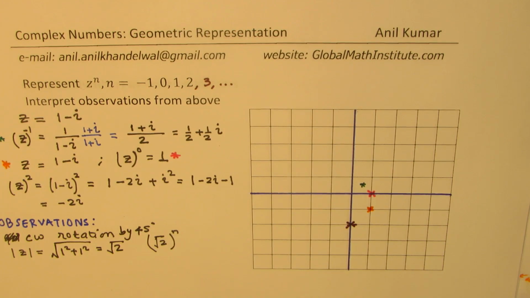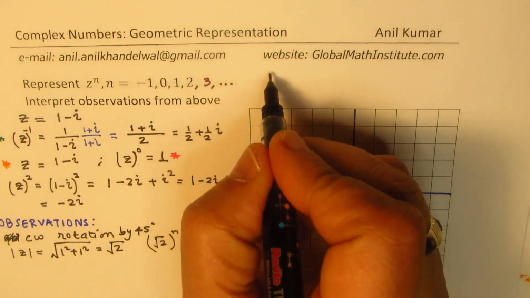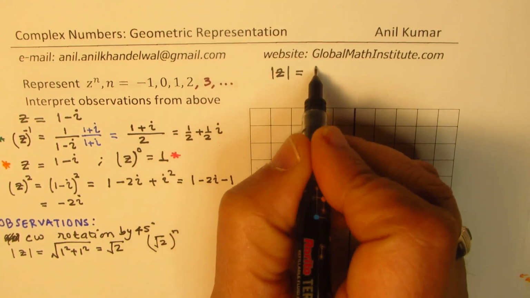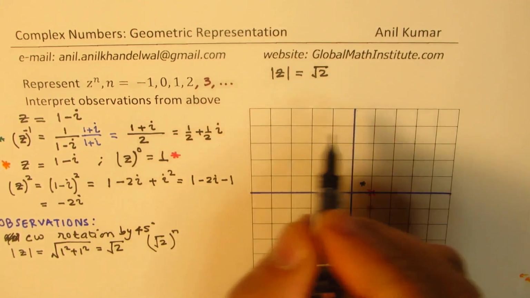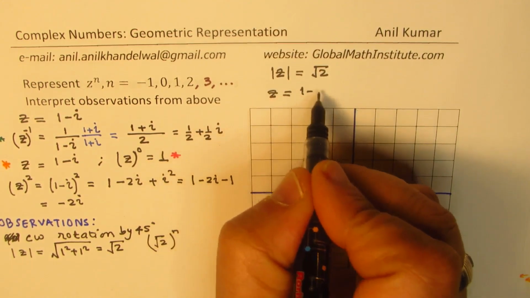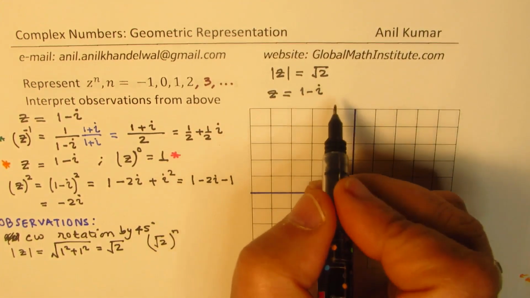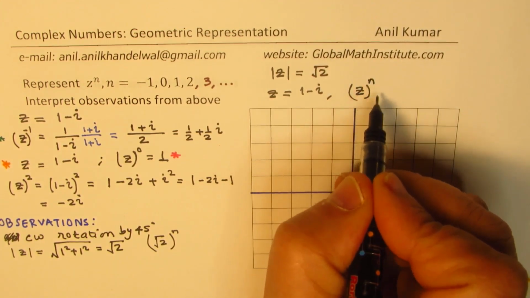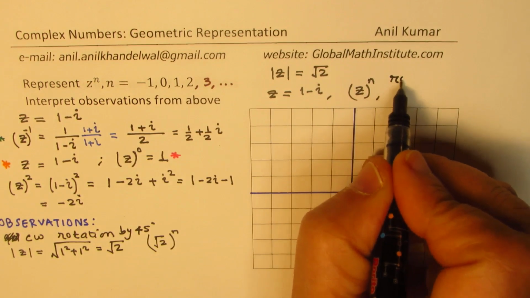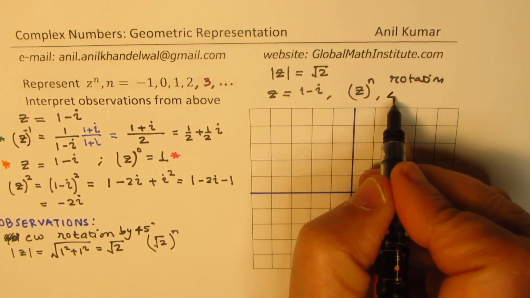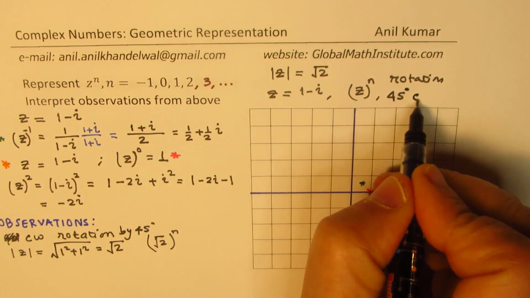So if you have the complex number z, whose magnitude is square root 2, correct? And 1 minus i, in that case, for the powers of n, we have a rotation by 45 degrees clockwise.